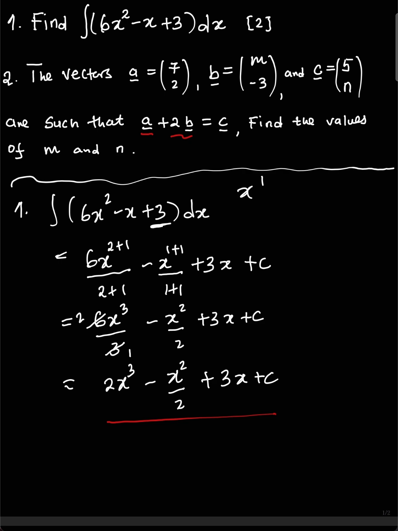So this question looks hard, but it's actually very, very easy. What we just want to do here, we just want to follow this statement. This is where our answer will come from. The statement clearly says that vector A plus twice vector B is equal to vector C. So we're going to use that information and solve the question.